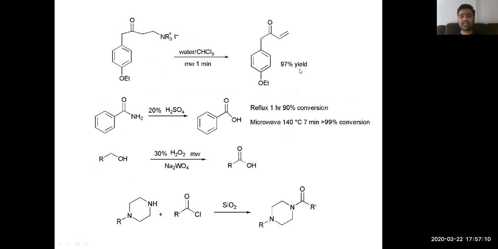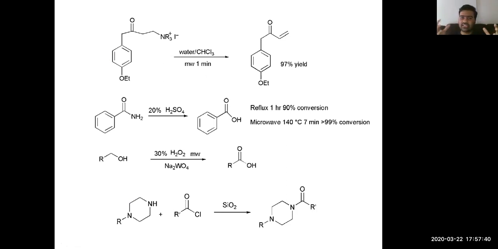The first is an example of a biphasic reaction in which this quaternary ammonium kind of a compound is treated with water and chloroform. Okay, so because the compound is polar, it will dissolve in water. So you will have the compound being present in water, and because water is a very efficient microwave absorber, in that 1 minute of microwave irradiation, water will become really hot.